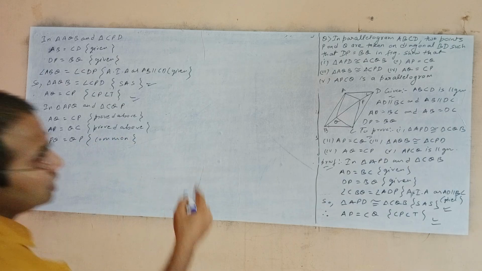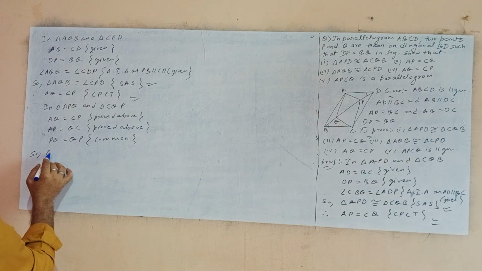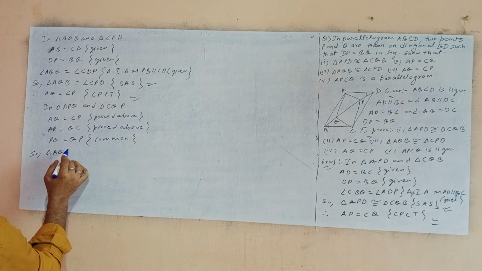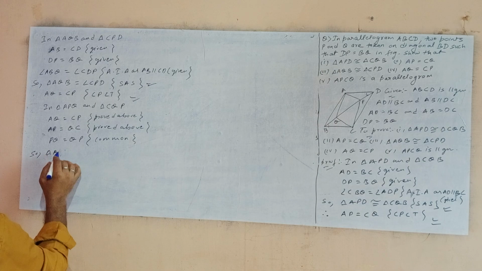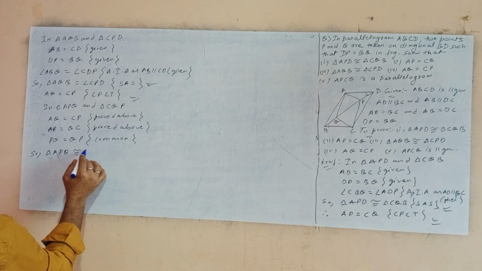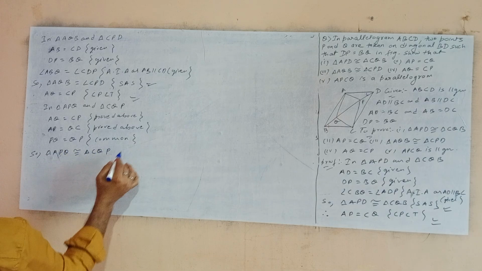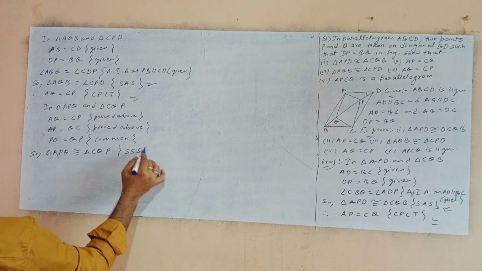So triangle APQ is congruent to triangle CQP by SSS criteria.